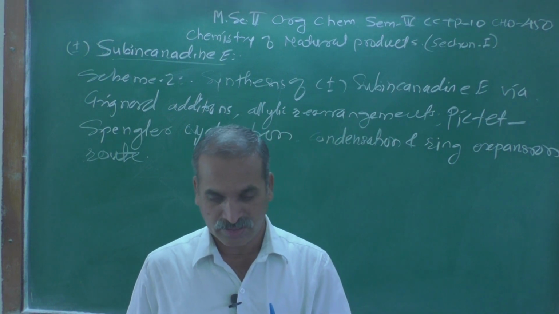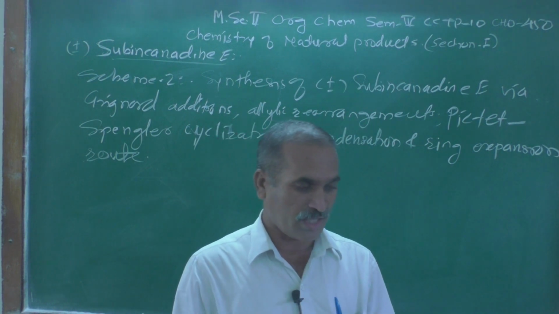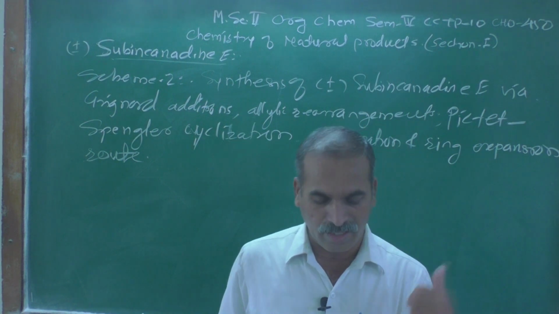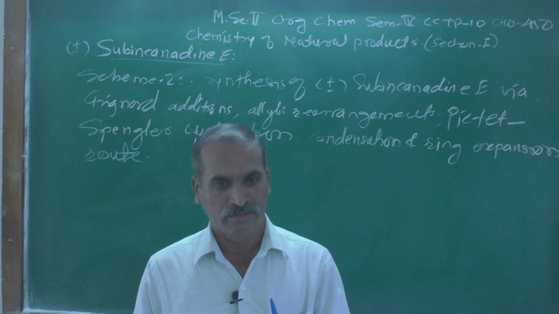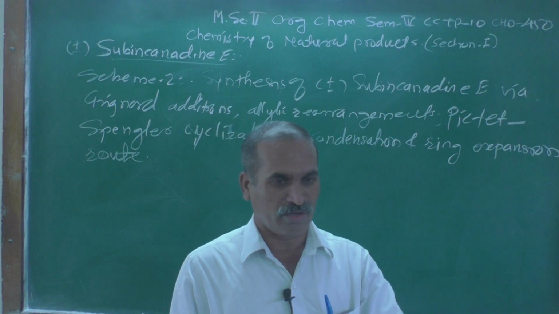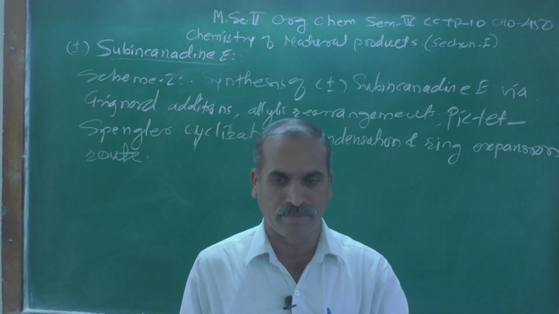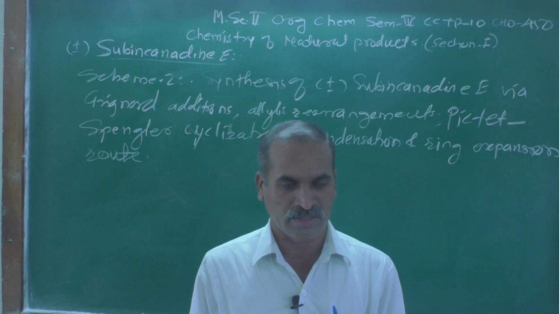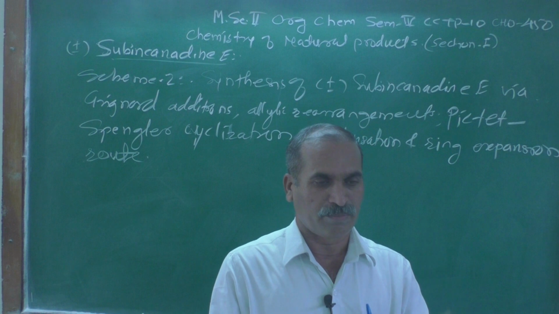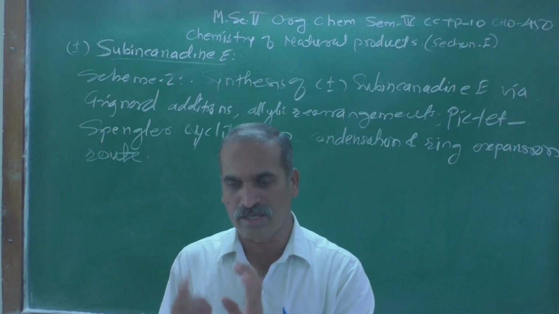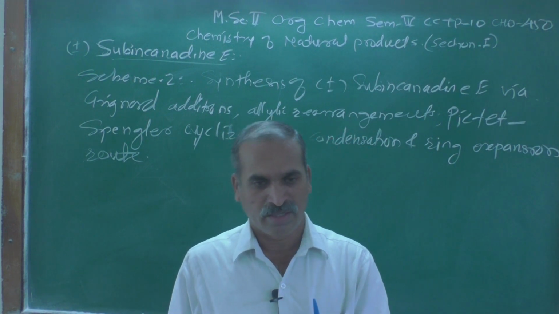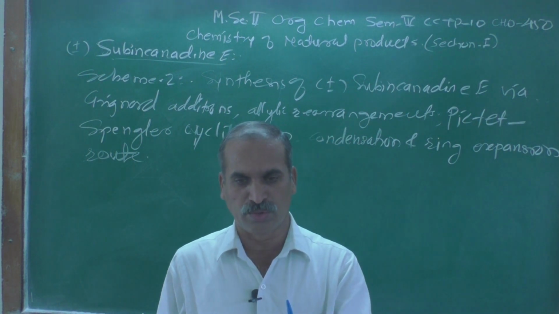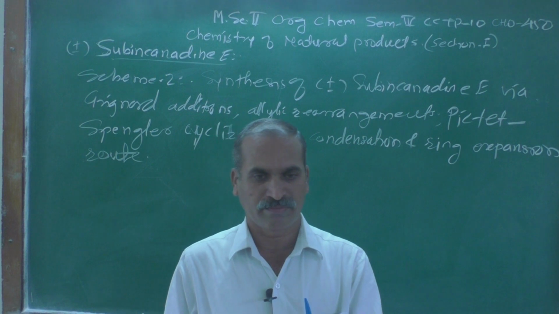We are trying to synthesize the target molecule which we have seen in an earlier lecture. I have already described the retrosynthetic analysis of plus Sabine Canadian E step by step, and what kind of approaches we are using.